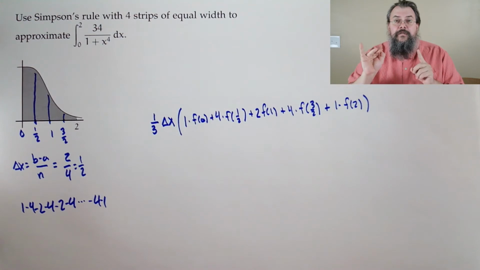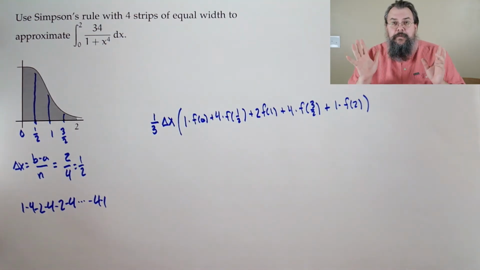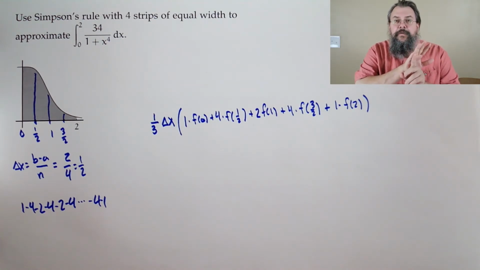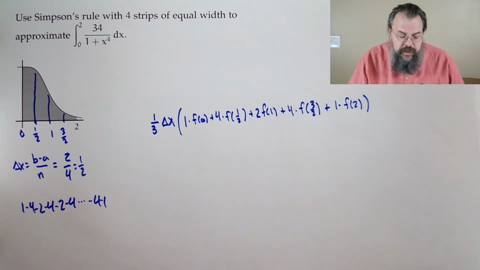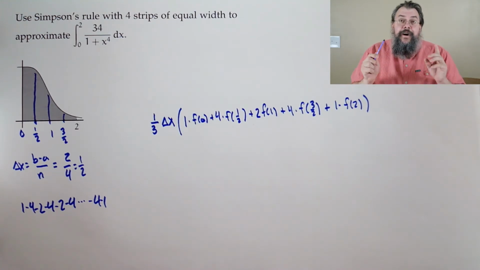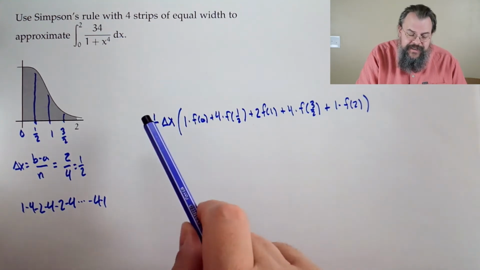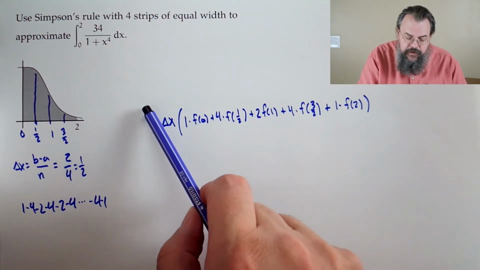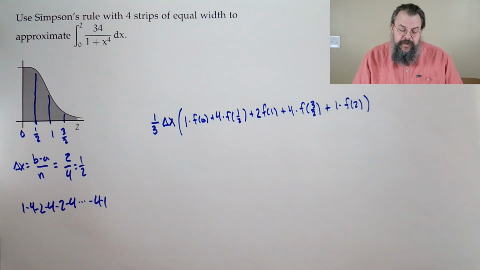So it's 1, 4, 1. And the reason you get that 2 is the 1 on the right matches up with a 1 on the left. So 6 points of data for 2 intervals. That's where that 2 over 6, 1/3, comes from.